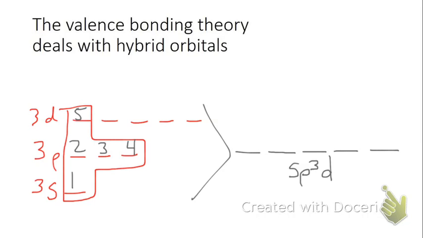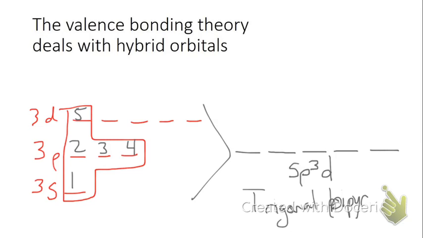Right, again, we're just labeling what we're going to be using. And so sp3d, if we're bound to 5 different things, it's going to be trigonal bipyramidal, excuse me. Trigonal bipyramidal.